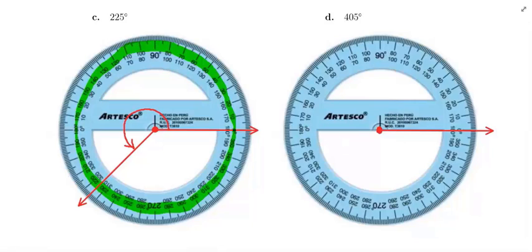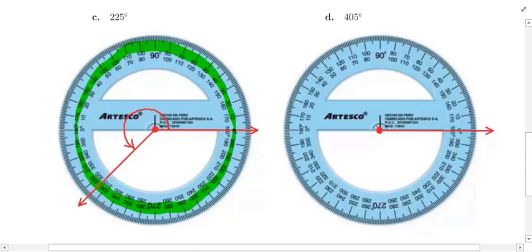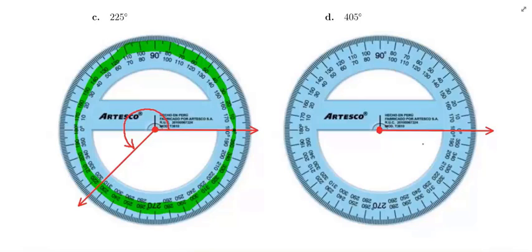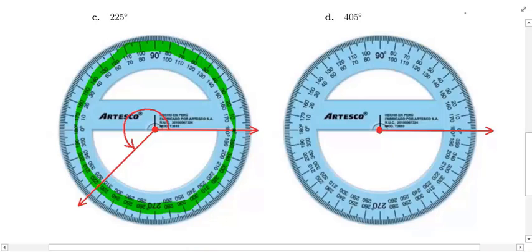So we're going to do a little calculation first. We're going to do one full circle. That's going to bring us to 360 degrees, which is close to 405, but we need to figure out how much further past 360 to go. So we're going to take the 405 degrees and subtract out 360.